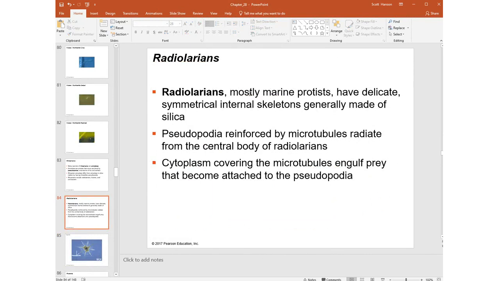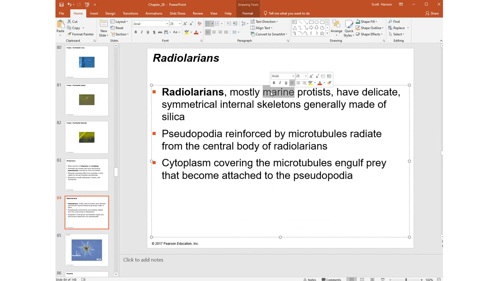So they're mostly in oceans then. They have delicate and symmetrical internal skeletons, cytoskeletons, generally made of silica, which is kind of interesting. The pseudopodia are reinforced by really small microtubules, and they radiate from the central body of the radiolarian.